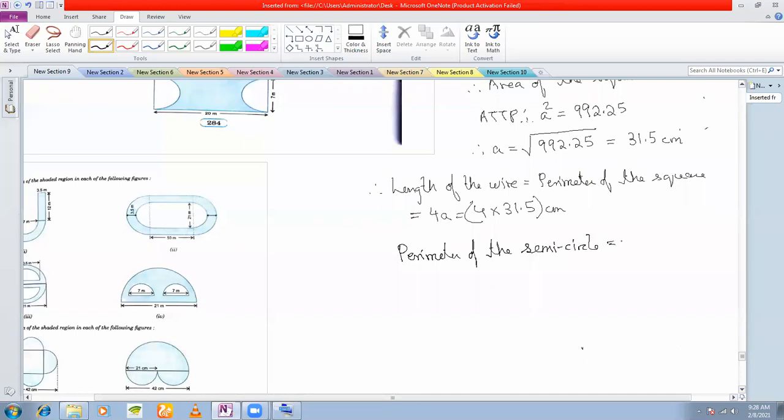The formula is R into pi plus 2. And according to the problem, length of the wire must be equal to perimeter of the semicircle.